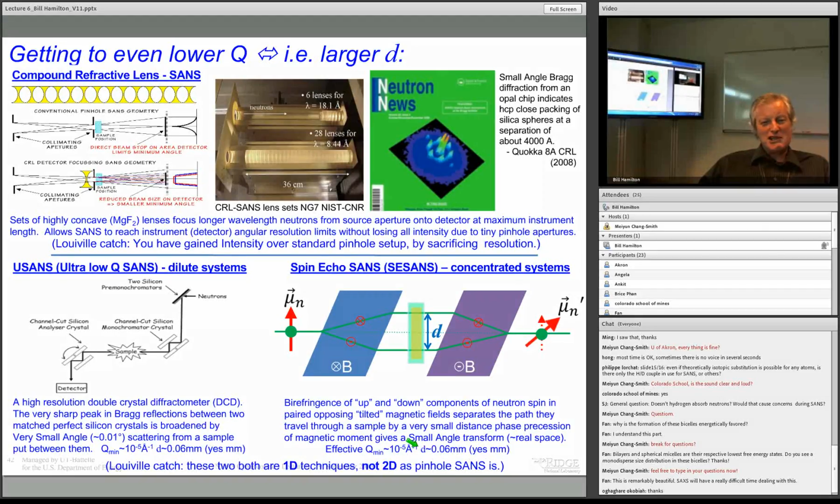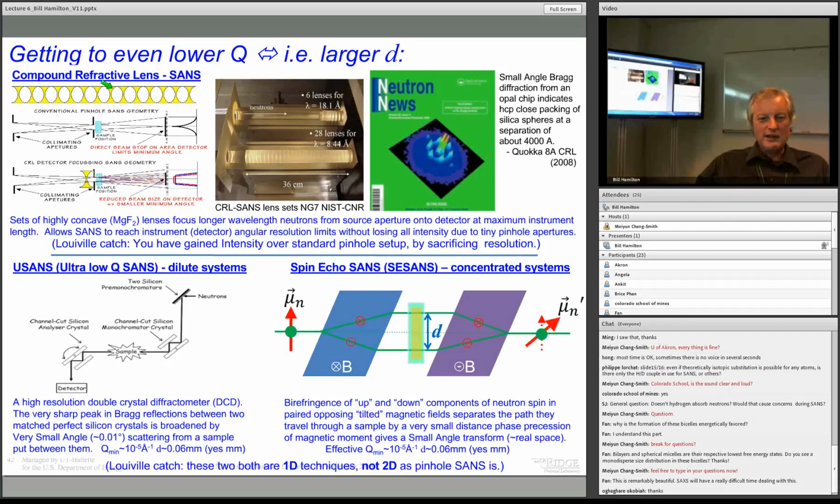Emerging techniques too. Don't try to understand these, but they are available. Because neutrons have a refractive index, you can actually make lenses for them. The lenses are terrible by the standards we are associated with optics. And also, unlike optical lenses, they turn out to be concave lenses because the refractive index for neutrons is negative.